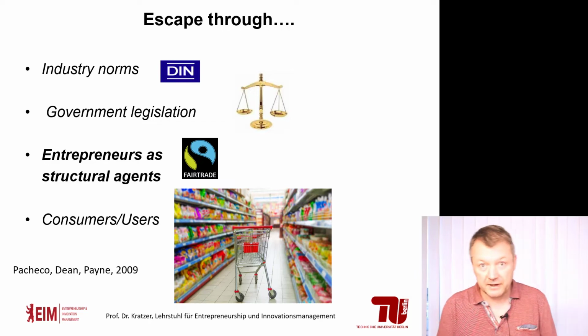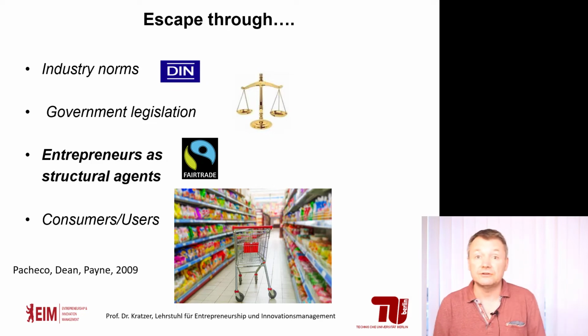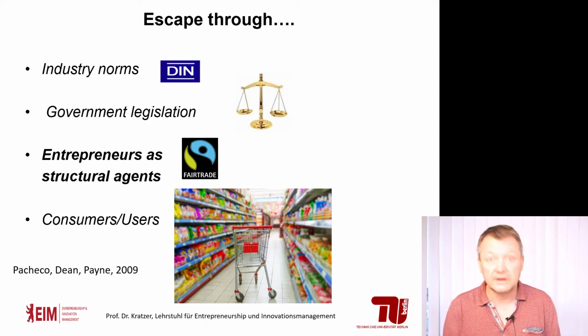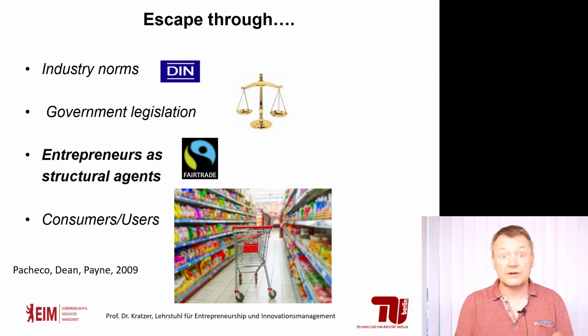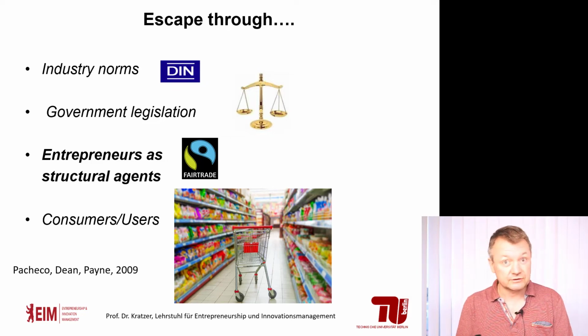What has, in my view, the biggest impact is entrepreneurs as structural agents, the agents who actually do the sustainable transformation, much more than consumers and users. They have power, but they are also manipulated a lot. So consumption goes up and up and up. It might get a bit more sustainable, but at the end of the day, I don't believe that consumers really have a free choice.